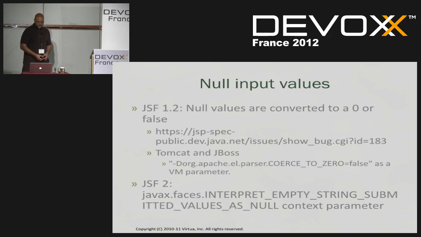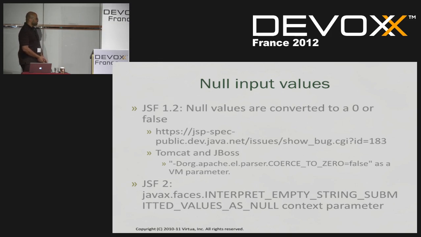And this can be changed with the context parameter in Tomcat and JBoss. It's the EL parser coerced to 0 equals false. Okay, so that's something to keep in mind. You're only going to run into this as an issue if you're upgrading from JSF 1.x. If you're already using JSF 1.2 and everything works fine for JSF 2, then you don't really have to worry about this too much.